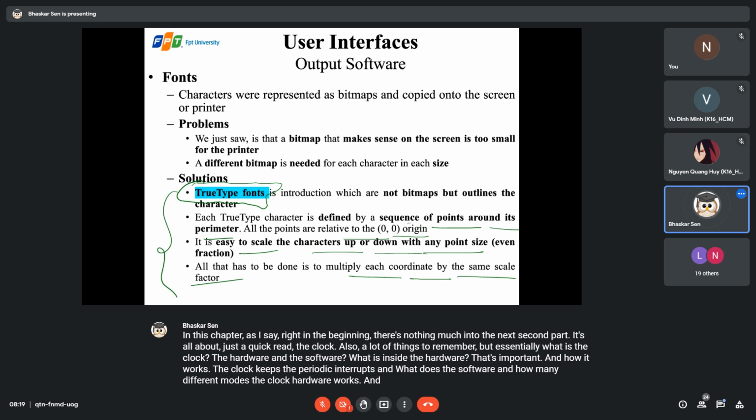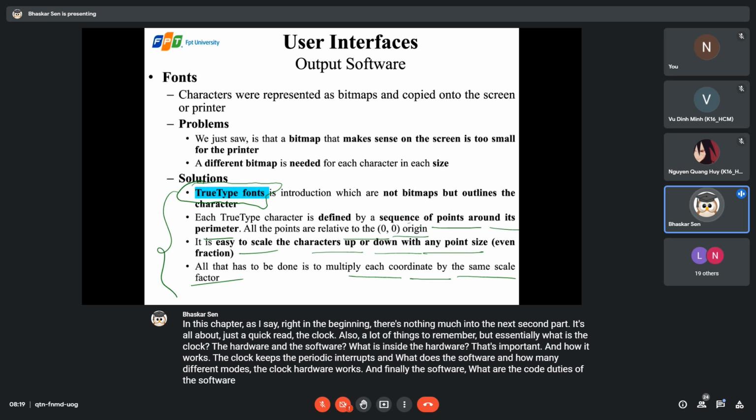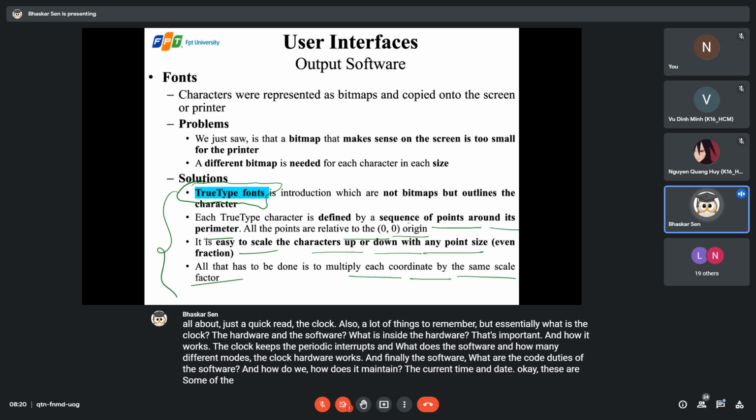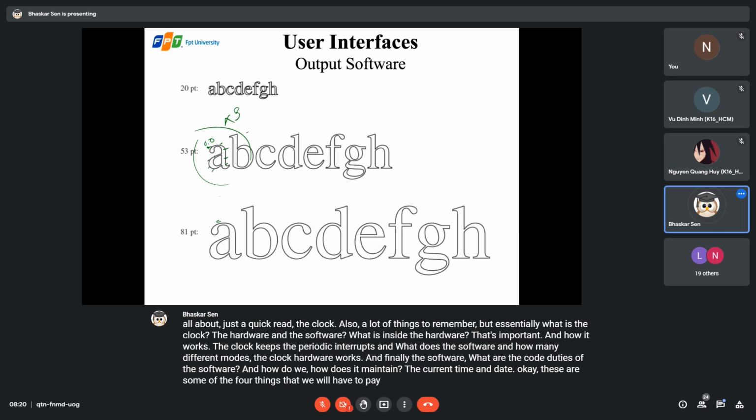Finally, the software: what are its core duties, and how does it maintain the current time and date? These are some of the core things that we will have to pay attention to.